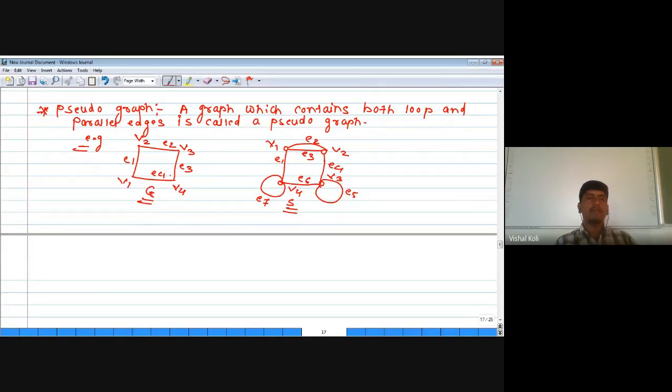In graph G, there is no loop and no parallel edge. Therefore, this graph is a simple graph, that is, not a pseudograph. But in graph H, there are parallel edges E2 and E3, and there are also loops, that is, edge E7 and edge E5 are loops. Therefore, this graph contains both loop and parallel edges, so H must be a pseudograph.